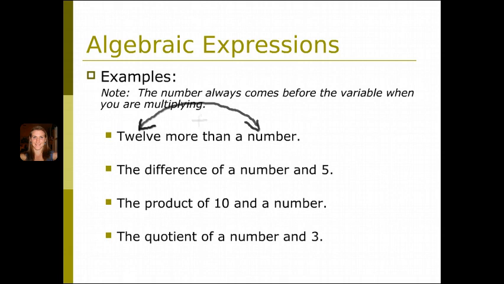Therefore, if we're writing 12 more than a number out in actual numbers and variables, it would be x plus 12. It's also important to recognize that whenever you see the words a number, you cannot insert your own number there. What a number stands for is a variable. That's why we used x. You could pick any letter in the alphabet, that's perfectly fine.